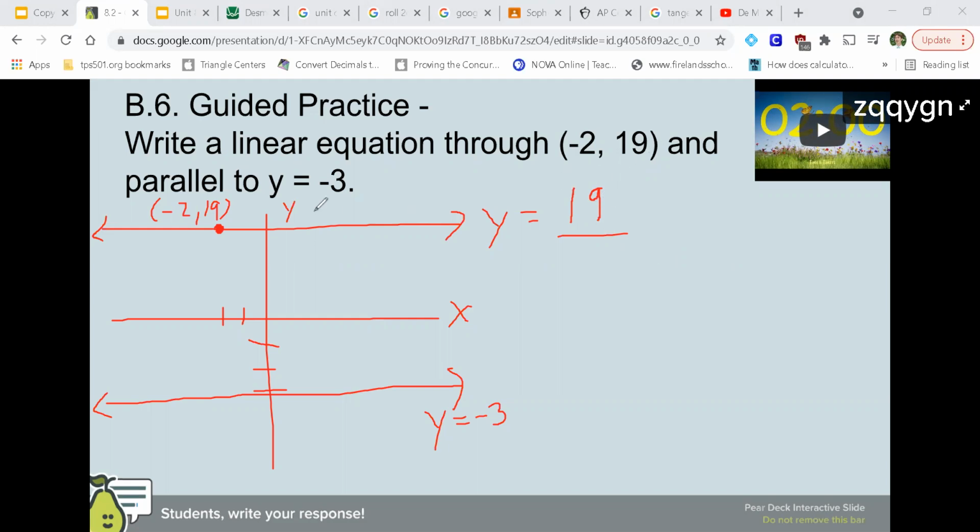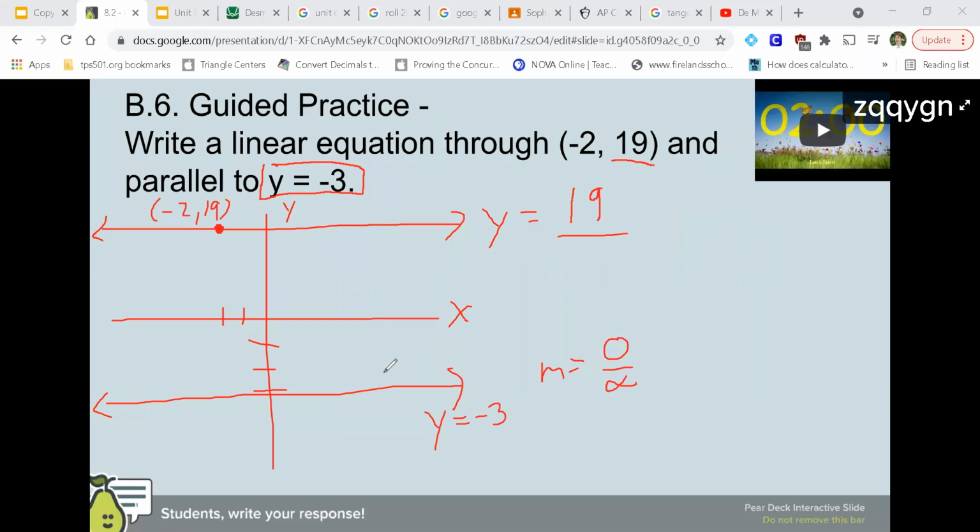But it's 19. Again, all you do is you match the format of their line and just replace it with the appropriate number. The idea again being that the slope of this line has no rise, right? It doesn't go up and down at all.